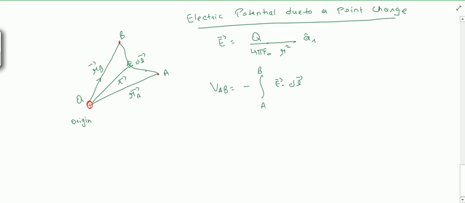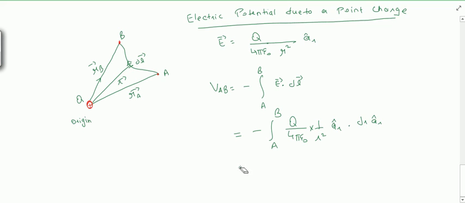As here the r is changing, you can write it as dr. So here minus A to B, and the value of this is q by 4 pi epsilon naught, 1 by r square, here ar cap, and dl is also dr ar cap. Ar cap dot ar cap will become 1.